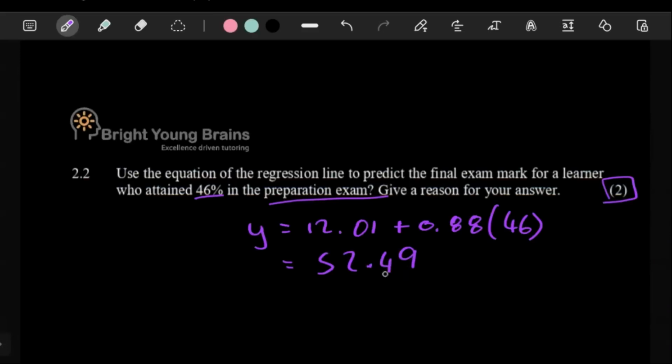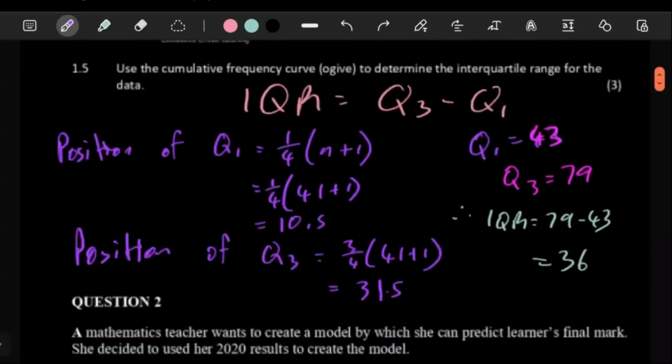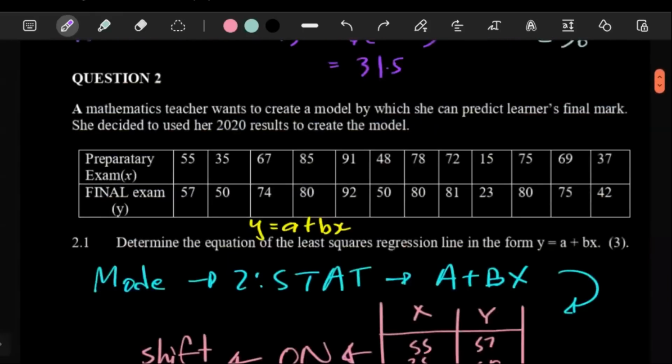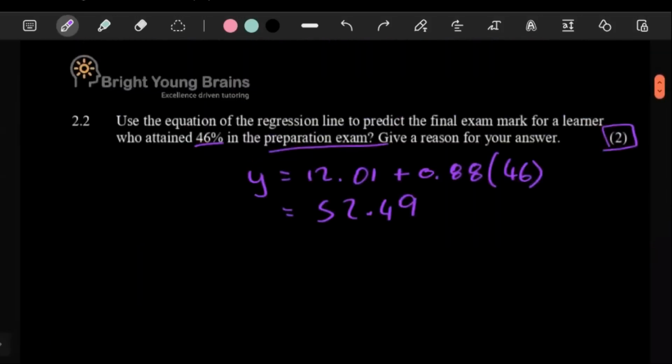Well, the one thing is obviously these look like they have rounded off in the questions here. These are all whole numbers. So here, if we're gonna have a whole number, we're likely to round off. So this is going to be 52%.